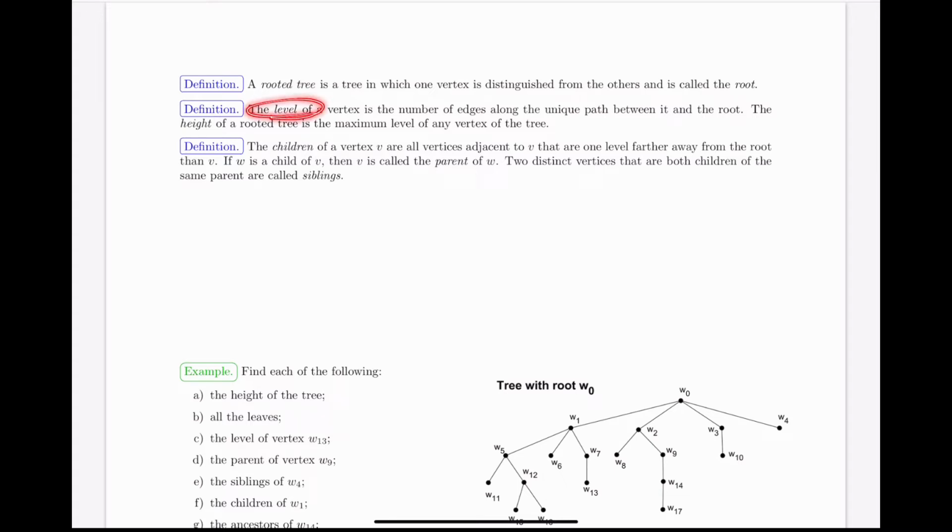The level of a vertex is then the number of edges along the unique path. We've just learned that in every tree, there's a unique path between any two vertices. So the level is the length of the unique path between that vertex and the root itself. The height of the tree is the maximum level of any vertex in the tree.